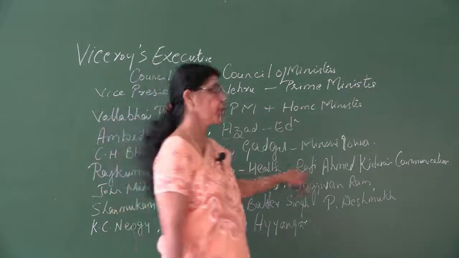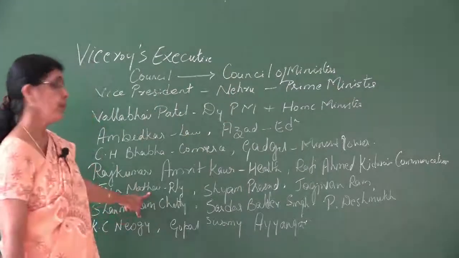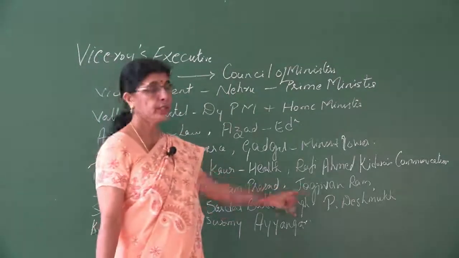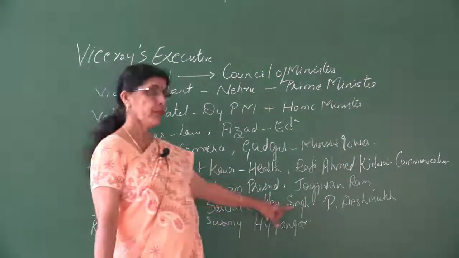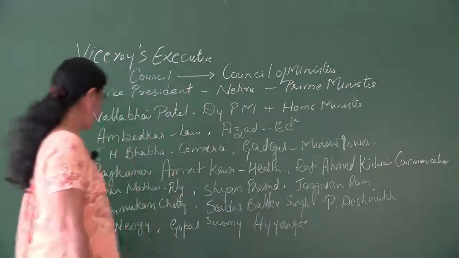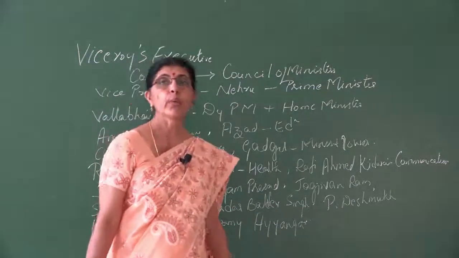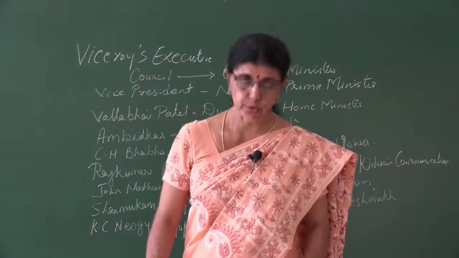Rafi Ahmad Kidwai took care of Communications. John Mathai took care of Railways. Shyama Prasad Mukherjee, Jagjivan Ram, Shanmukham Chetty, Sardar Baldev Singh, C.D. Deshmukh, K.C. Neogy, Gopalaswami Ayyangar, all of them were given certain other important posts.